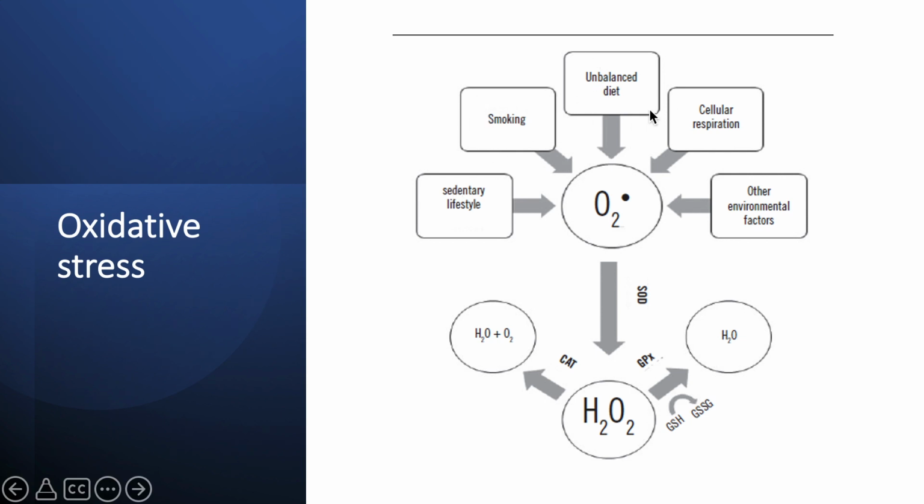Smoking will do it. Unbalanced diet, we talked about that from ATP production a moment ago. You've got to have the necessary vitamins and minerals. Cellular respiration, we're talking about the very breathing in of oxygen and expiring carbon dioxide. That creates free radicals. And what about these other environmental factors over here? Here we're talking about persistent organic pollutants.